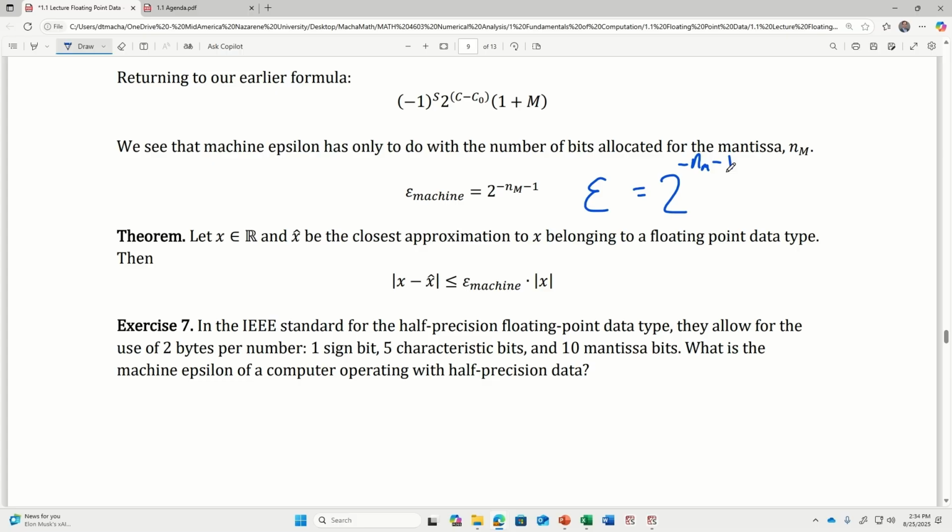Well, this theorem is stating the absolute error is always less than or equal to the machine epsilon times the absolute value of the real number I'm trying to represent. This is always true for floating point data types, the way that we've represented them. This is why it's useful to know what is the machine epsilon. It gives you an idea of how much error you can expect.